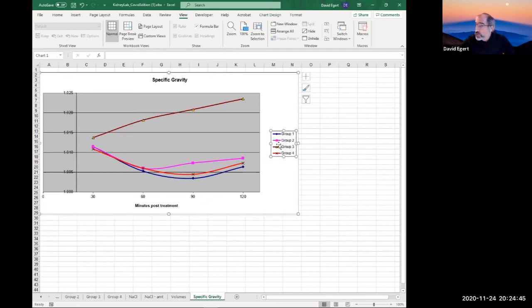Group 2, which had a smaller volume with a reasonable amount of salt, has a slightly higher specific gravity than the other two. Group 4, even though we said it has quite a bit of salt, also has a lot of volume. That means it's going to keep the overall concentration down, right? Because concentration, like I said, is a function of both the amount of salt and the total volume.